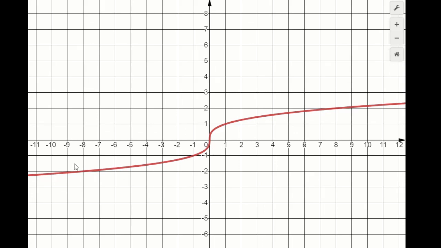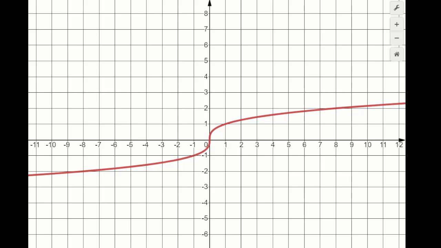So now let's recognize the special guiding points. I see one right here at 0, 0, one at 1, 1, and one down here at -1, -1. I see another one at 8, 2, and at -8, -2. So let's put in those points.